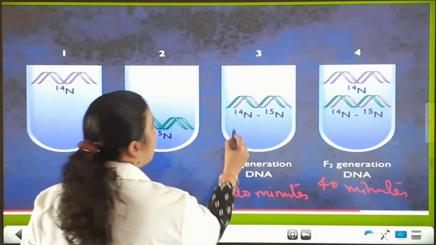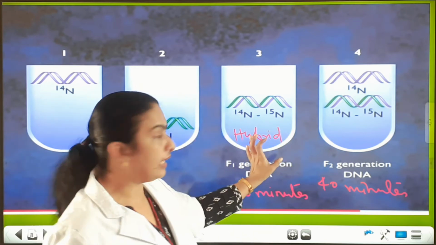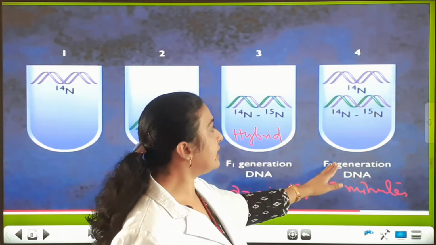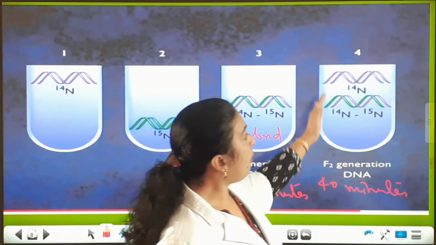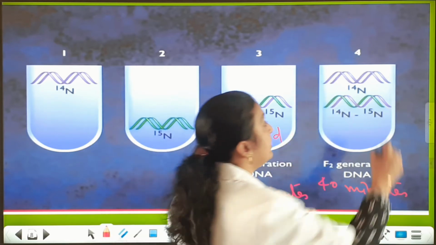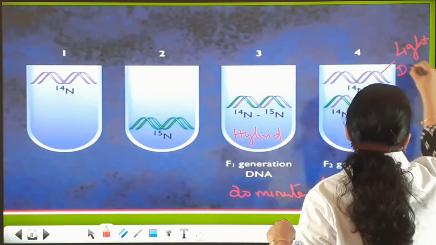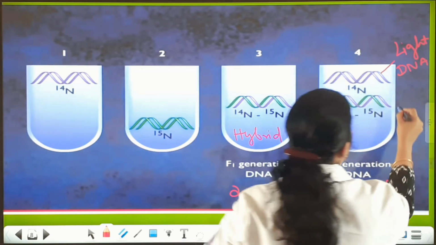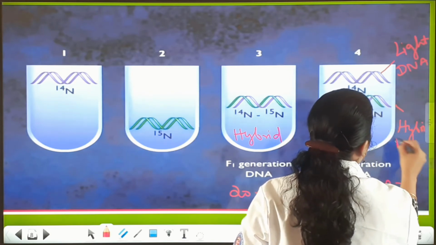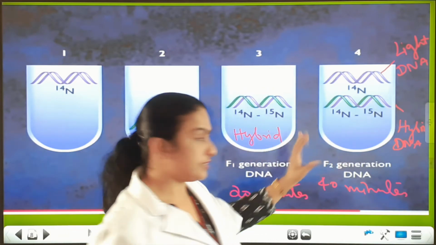This variety is called a hybrid variety or hybrid DNA. And after 40 minutes, in the second generation, they got N14, a light DNA. Light DNA and hybrid DNA. How this happens, I'll teach you.